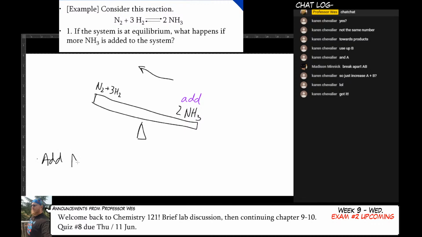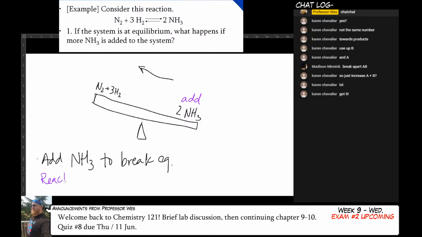So I added NH3 to break equilibrium. The black writing is what I did to the reaction. The purple writing is what the reaction is going to do.